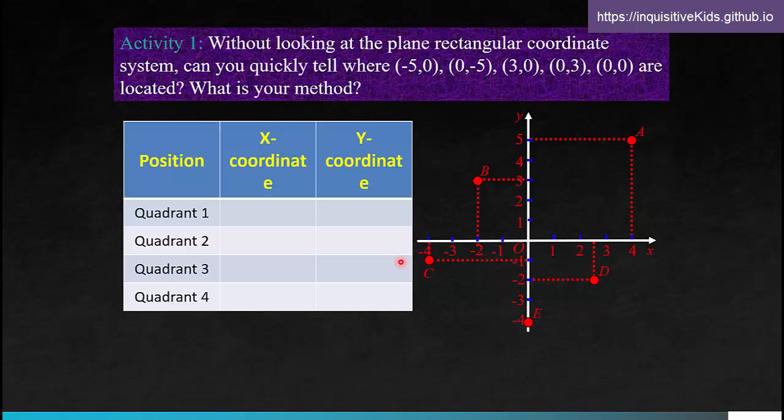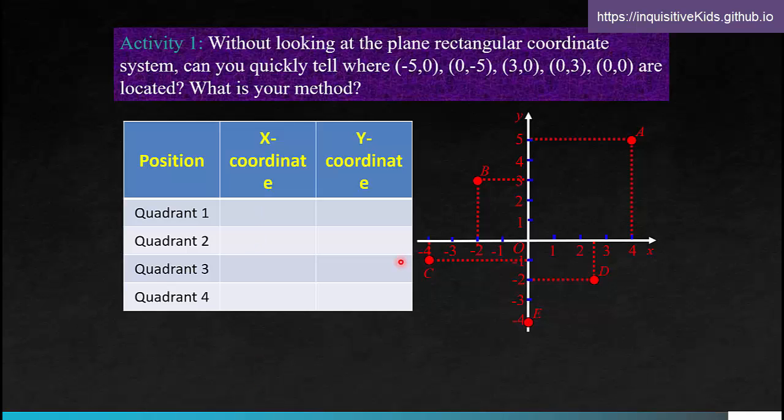Because it has a y value of 0 and a negative x value. (0, -5) is on the y-axis, for it has an x value of 0 and a negative y value. So are the others. (0, 0) would be the origin, a special point. It's on both axes and it's not in any quadrant.